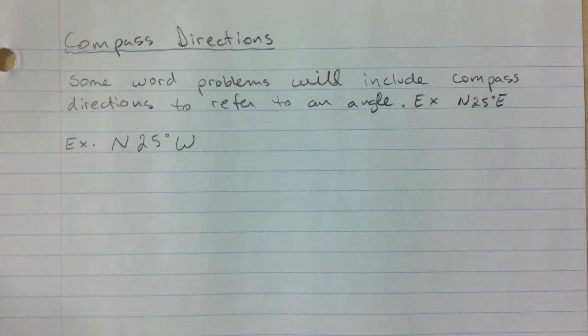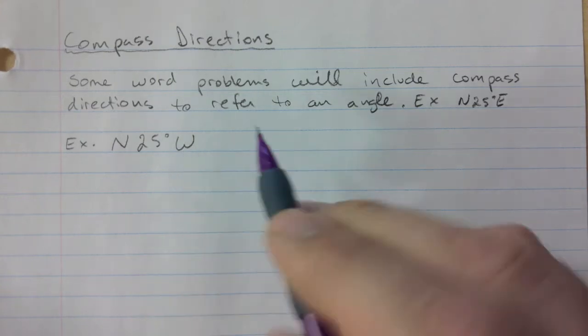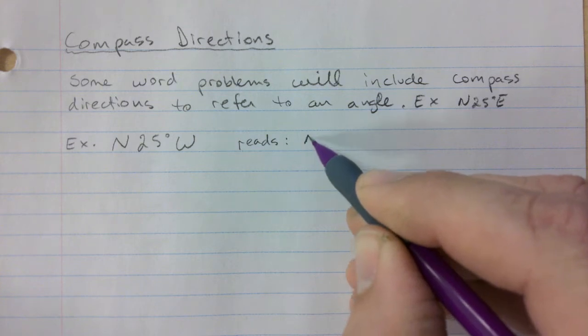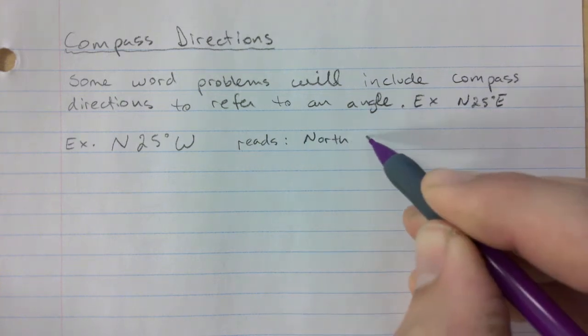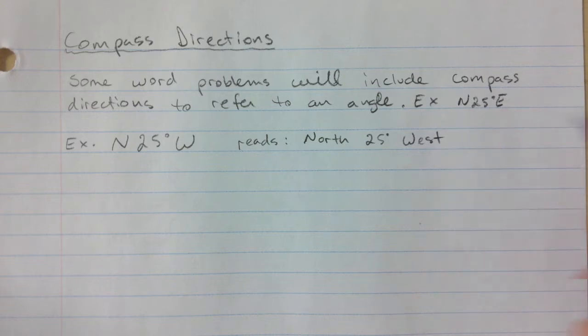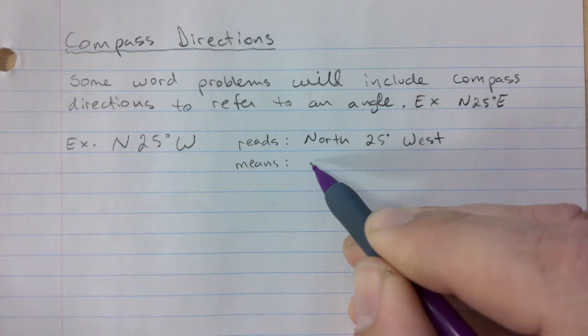The first example is north 25 degrees west. What does that mean? We're going to write down what it reads.